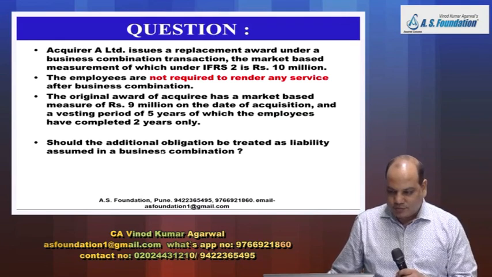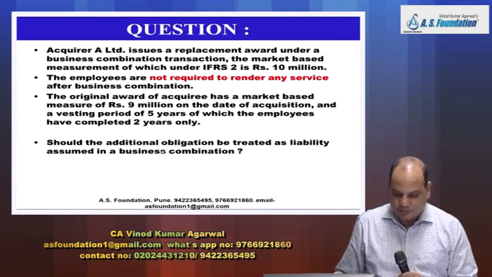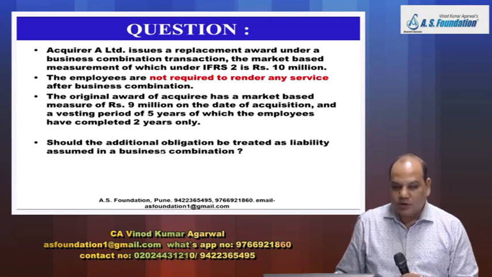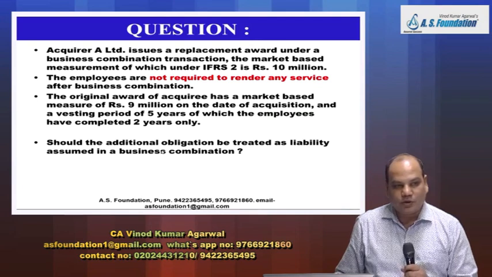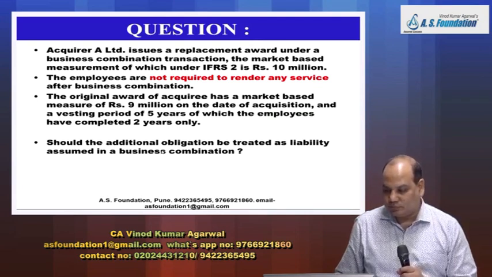One more question. 51. Acquirer A Limited replacement award under a business combination transaction, the market based measurement of which under IFRS 2 is rupees 10 million. Employees are not required to render any service after business combination.